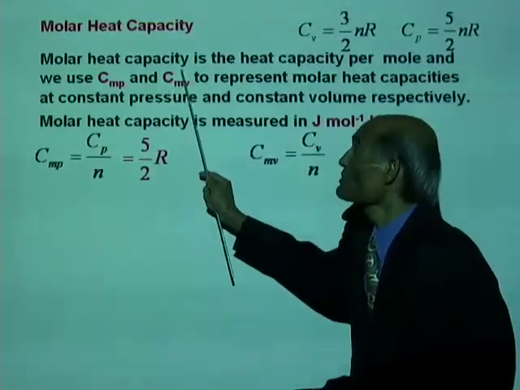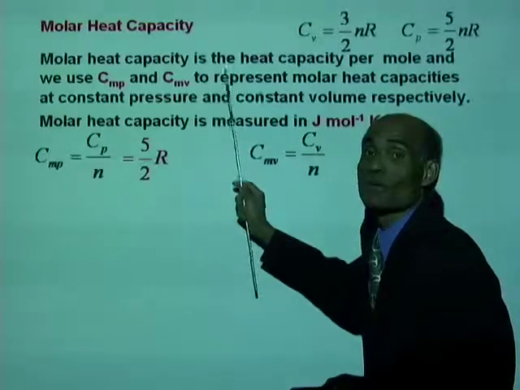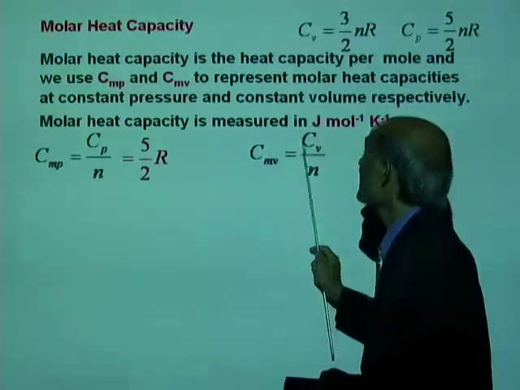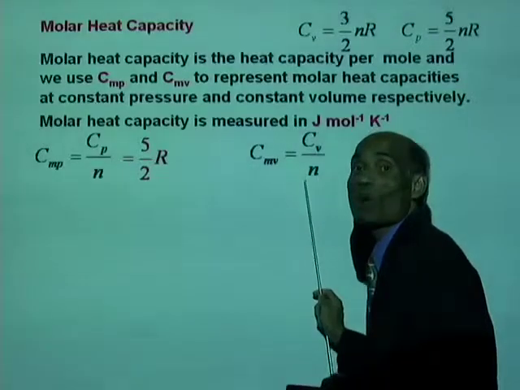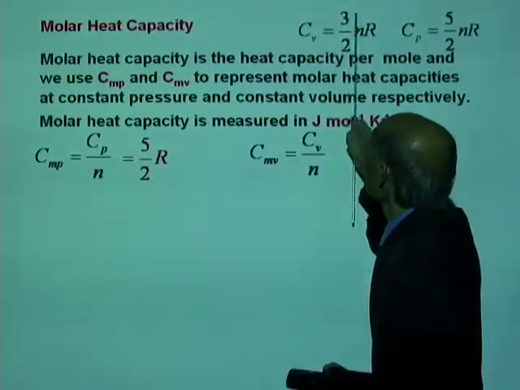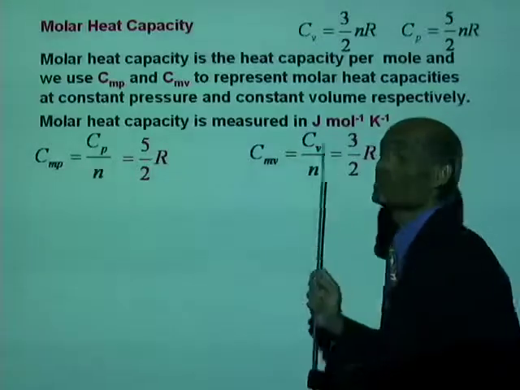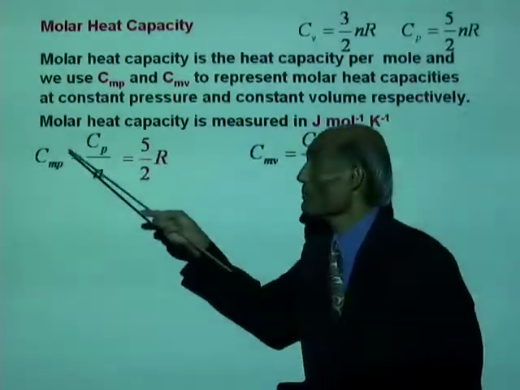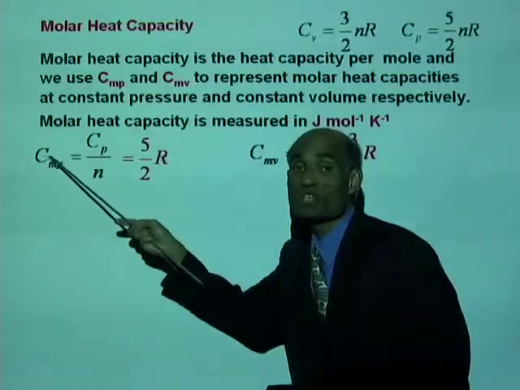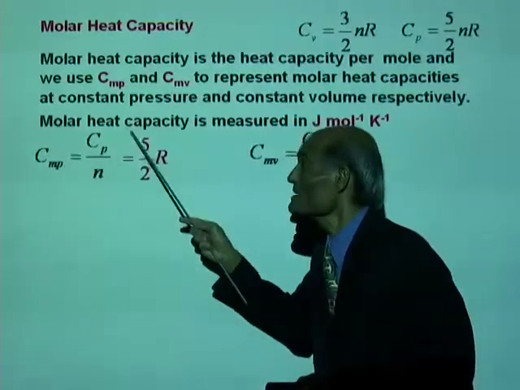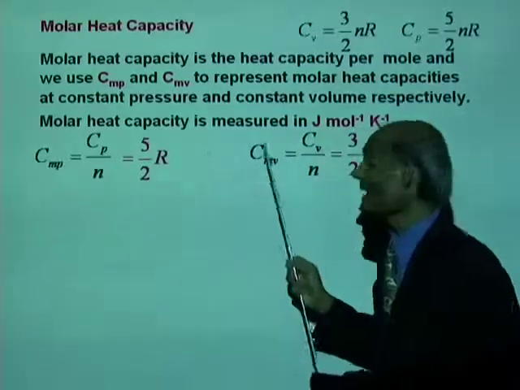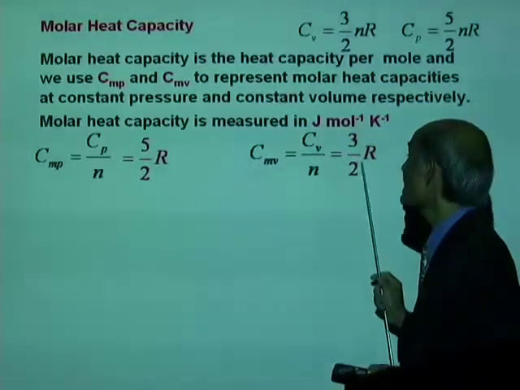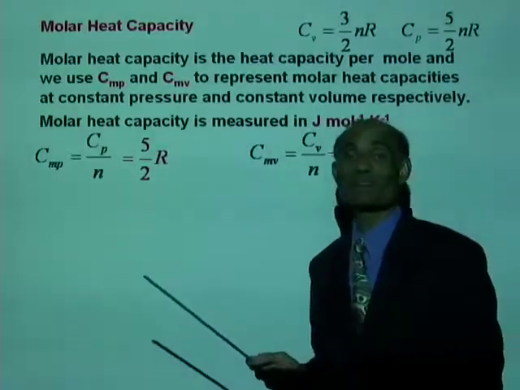Molar heat capacity at constant volume will be equal to Cv divided by n, the amount of heat per mole. And if you divide this quantity by n, you get 3/2R. So, molar heat capacity at constant pressure is 5/2R, and molar heat capacity at constant volume is 3/2R.